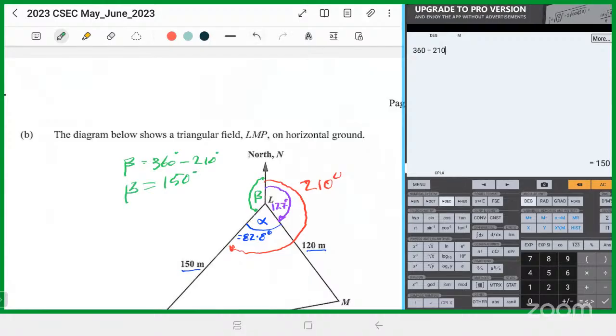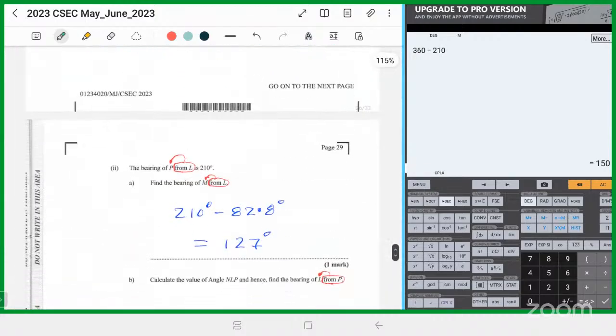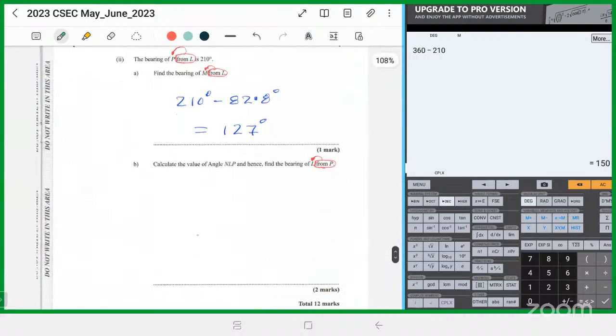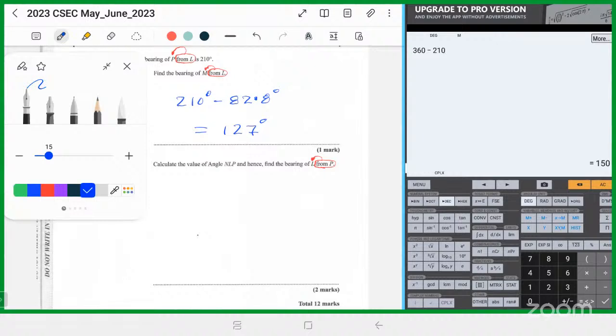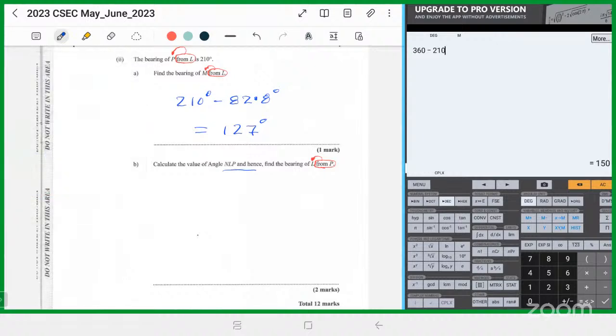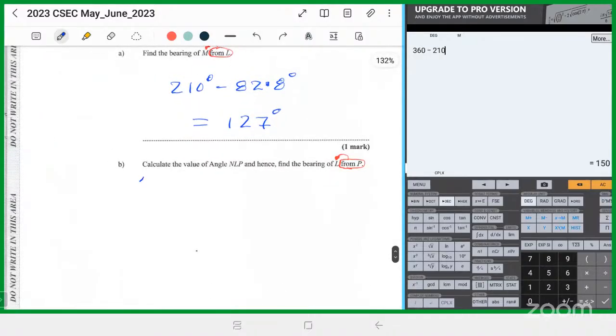Alright, so let's do that calculation down here. There's two things they ask us for down here. So firstly, they ask for this angle, which we call beta. Angle NLP, which of course is beta in the diagram, becomes 360 minus 210, which is 150 degrees.